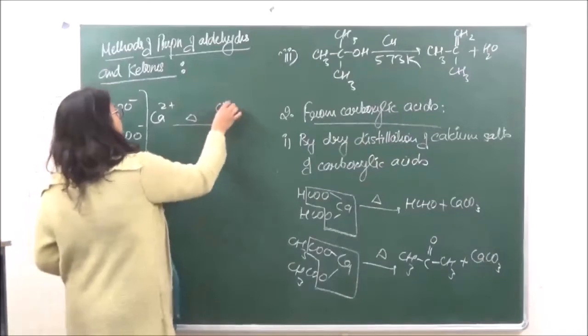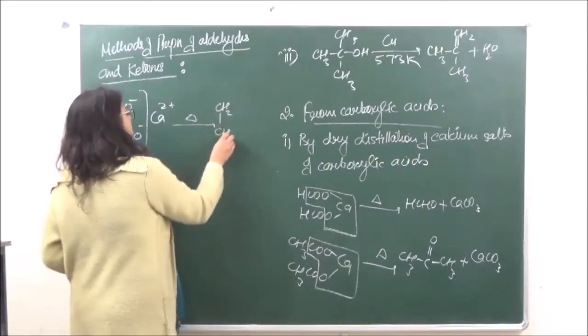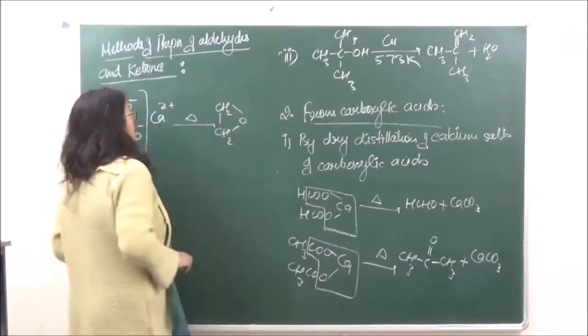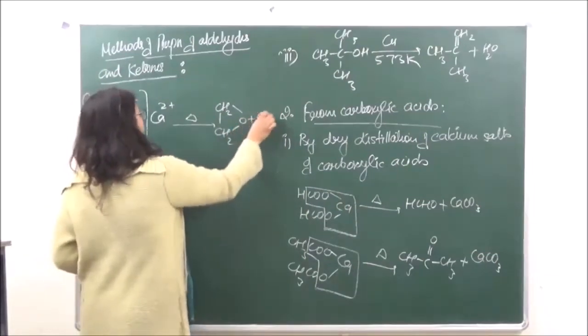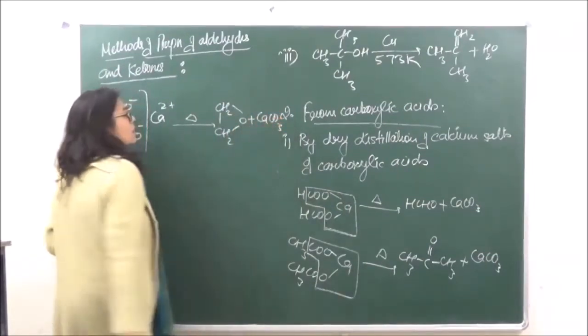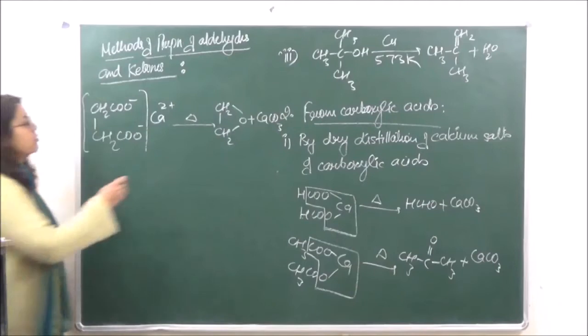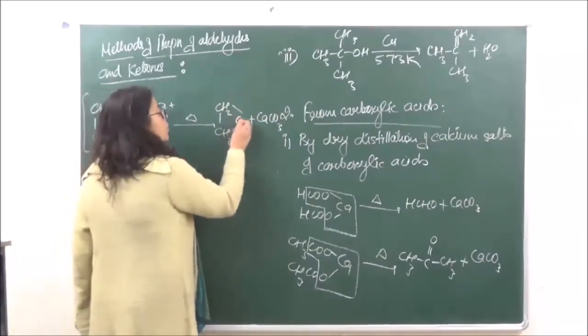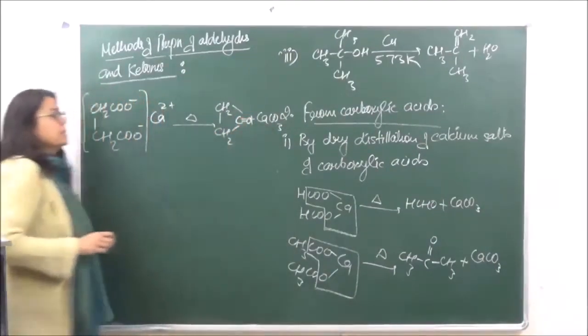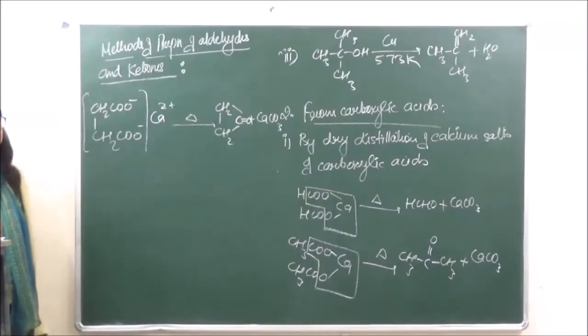So we have over here CH2, plus calcium carbonate. So this is going to be the reaction over here. We are going to get, sorry, C double bond O, a cyclic ketone over here.